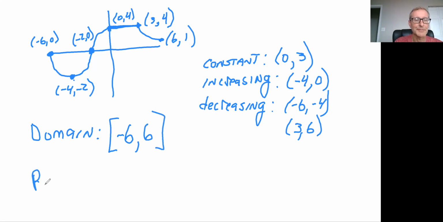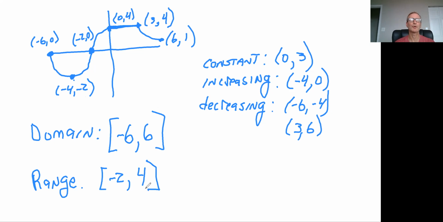What is the range? What is the smallest value of y? It looks like it's -2, and there's a dot there. So that again would be a bracket, -2. And the biggest value of y would be right here, and it occurs multiple times, but that's okay. The biggest value is 4, and again it is included. So we put a bracket there as well.